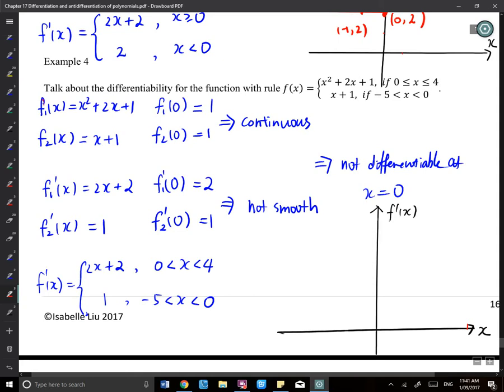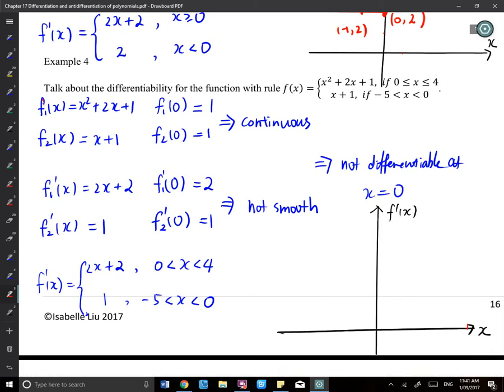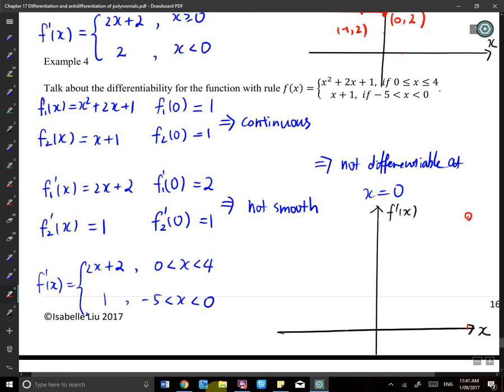4 is here, but that's an open circle. 0 is here, then 2 is here, open circle as well. Negative 5 is here, negative 5, 1.